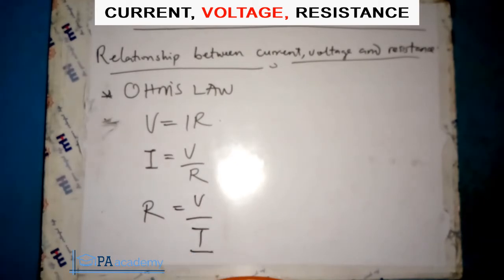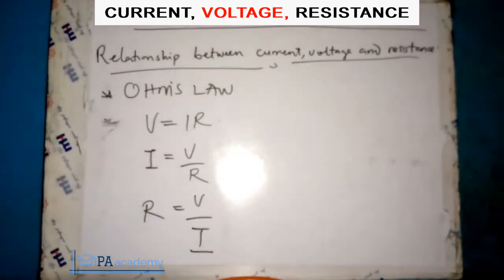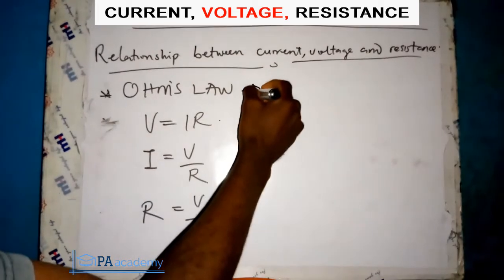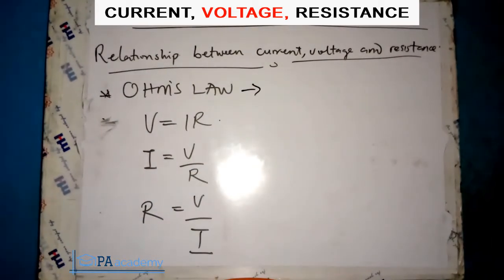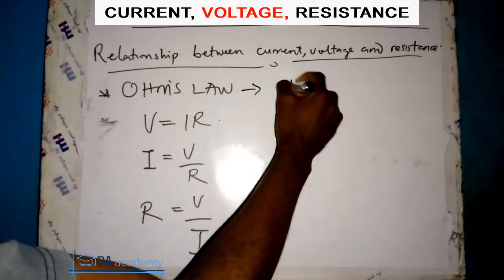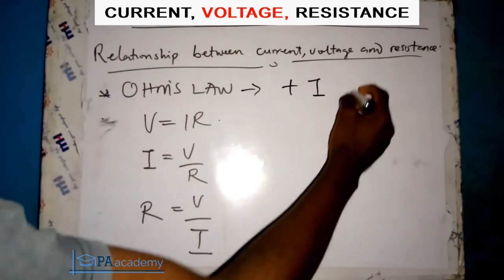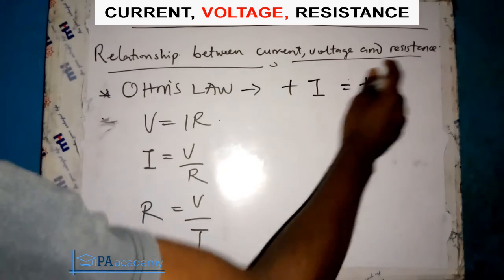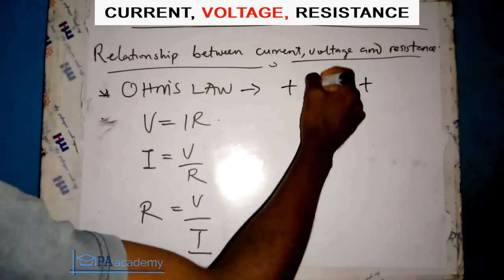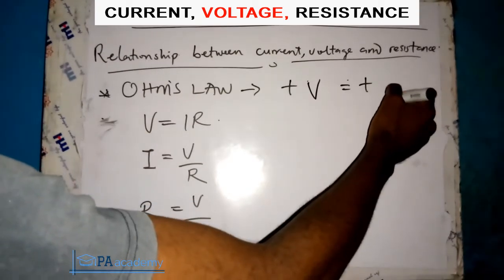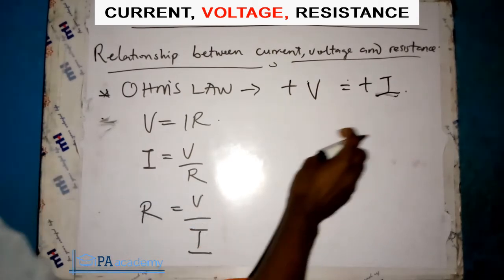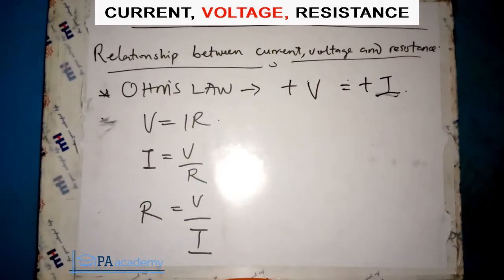So this is the relationship between the current, voltage and resistance. What Ohm's law is saying is that if you have a circuit, once there's an increase in voltage, we are going to have an increase in current. Once we start doing examples, we are going to be seeing more of this.